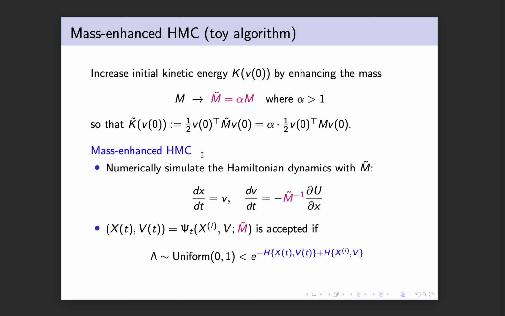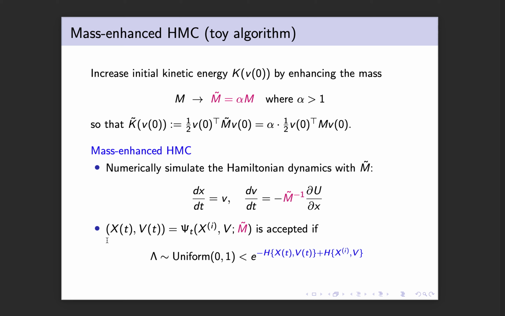So we are making a simple modification to the HMC where the proposed candidate is obtained by simulating the Hamiltonian dynamics with increased mass M tilde. I will call this approach mass-enhanced HMC, and this is a toy algorithm that works well for some multimodal distributions but not very well in others.